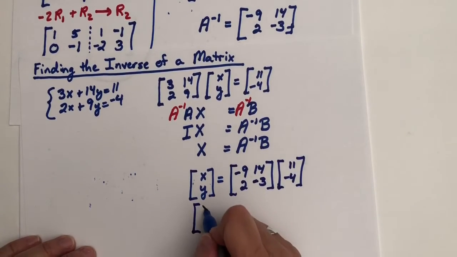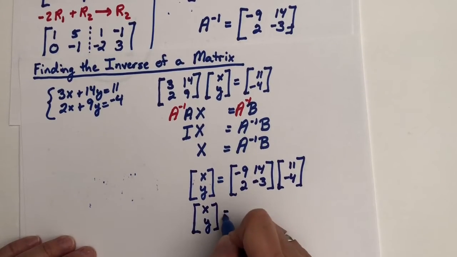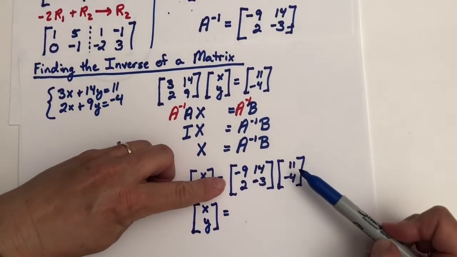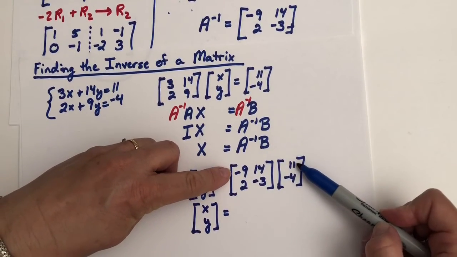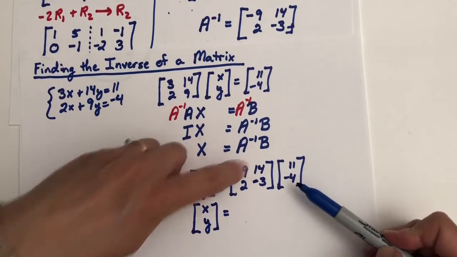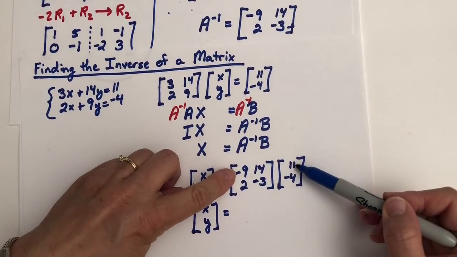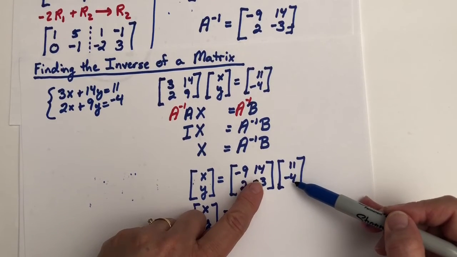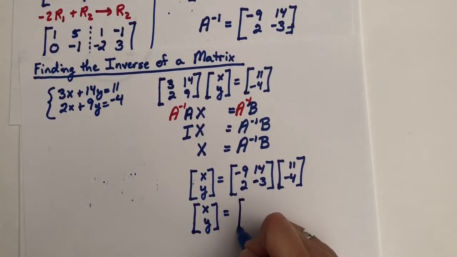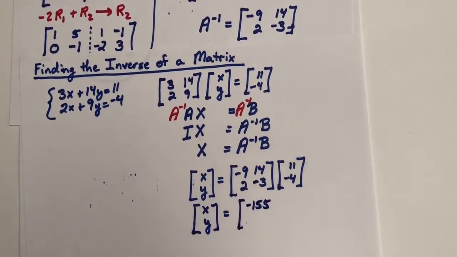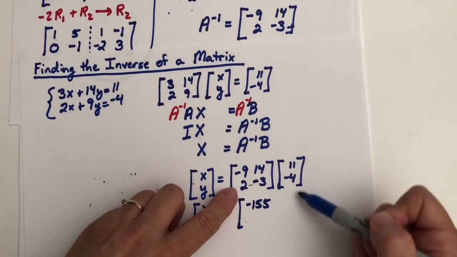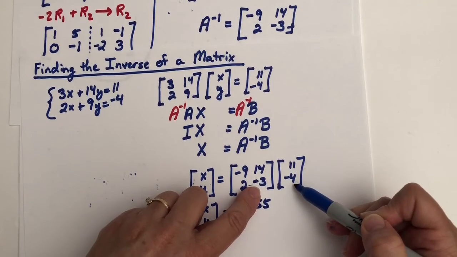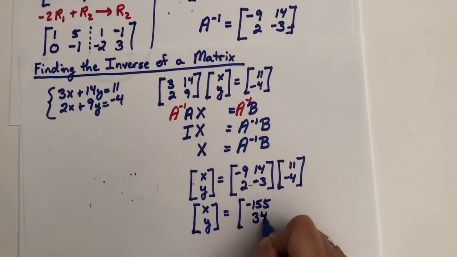So we have X, Y equals, and now we're going to do the arithmetic when we multiply these matrices together. -9 times 11 plus 14 times -4. So we have -99 plus -56, which is -155. Now we have the second row in this column, +22 and a +12 is +34.